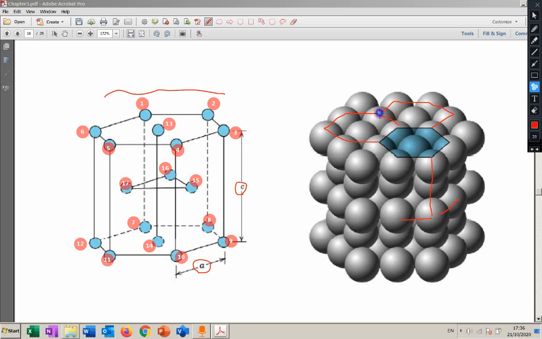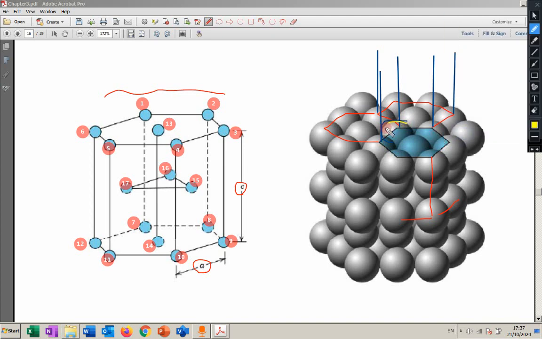Because if I continue, I can draw this crystal structure, for example. There will be a hexagonal at the top as well, because it's continuous. So if I take any of the corner atoms, let's say we're taking this corner atom here, I'll change the color.